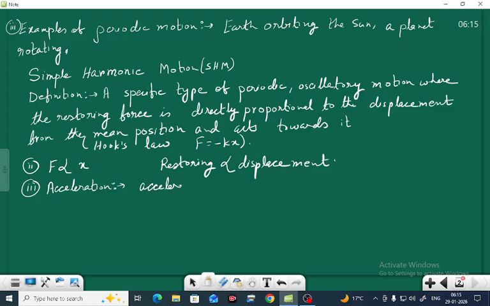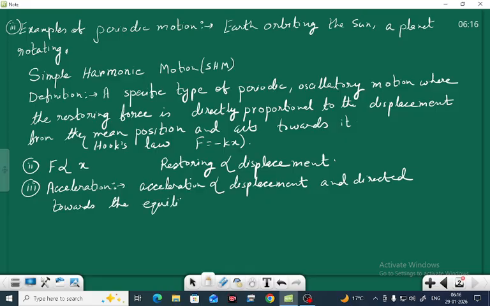Acceleration is also directly proportional to displacement, and directed towards the equilibrium.